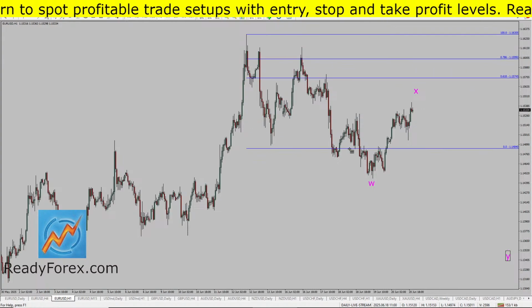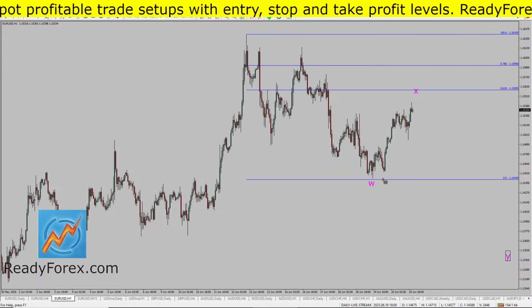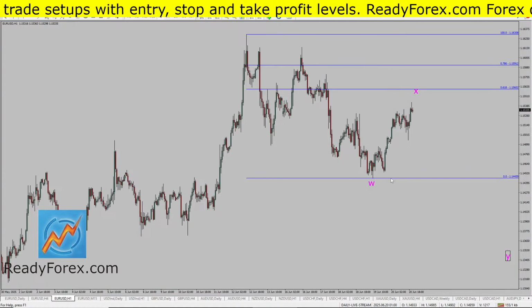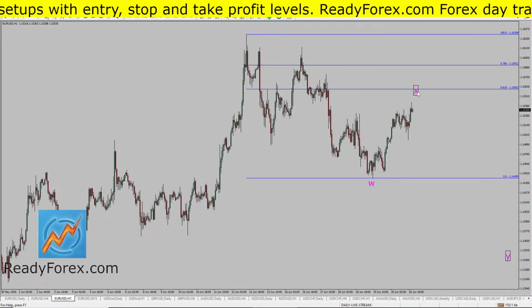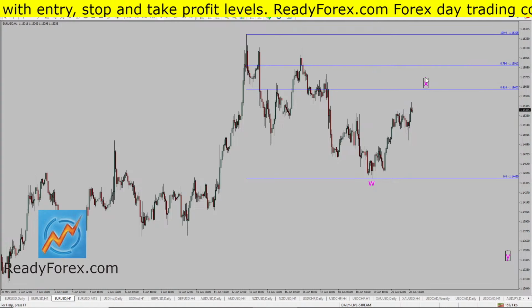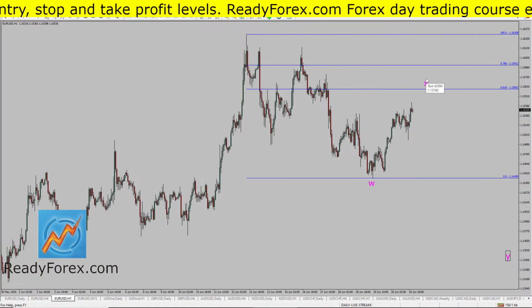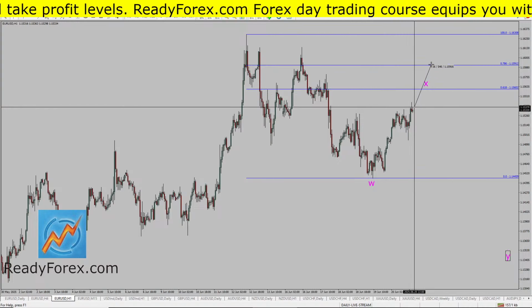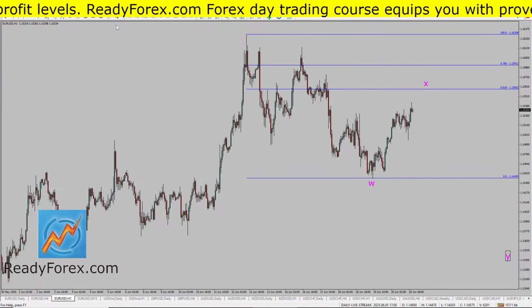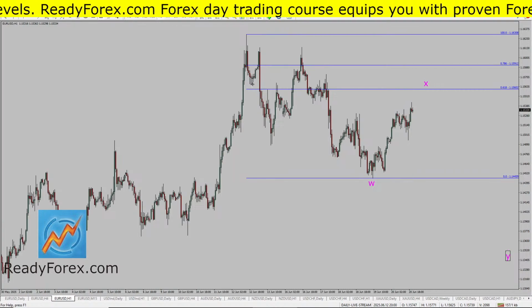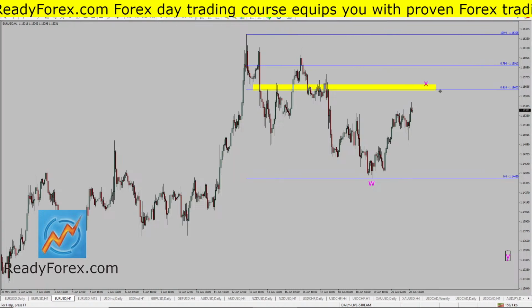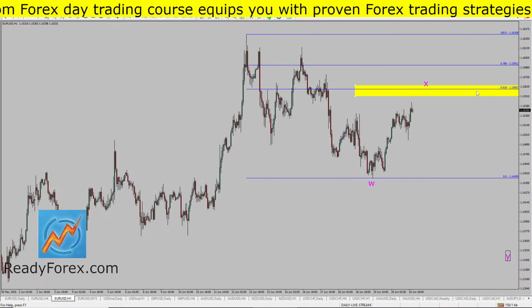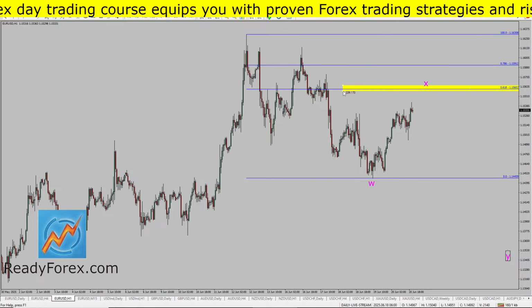So in this scenario, I'm expecting the price action to reach the 0.618 retracement level. It's possible for price to rise up a little bit. Let me highlight it.